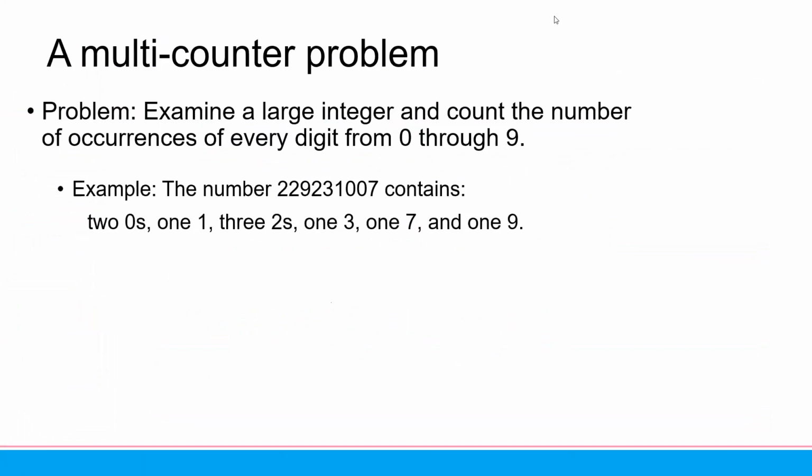How many 2s do we have? 1, 2, 3, so there are three 2s. How many 9s? We have one 9. How many 3s? We have one 3. How many 1s? We have one 1. How many 0s? We have two. And how many 7s? We have one.